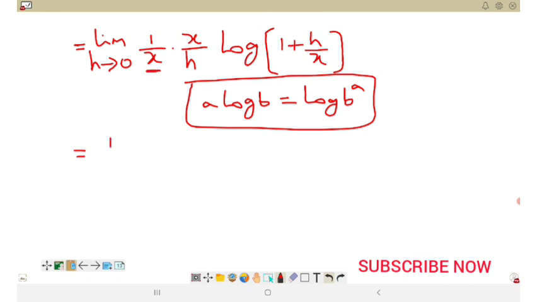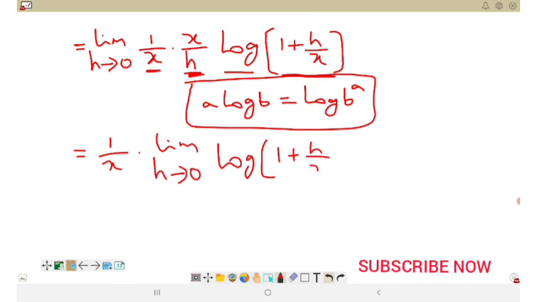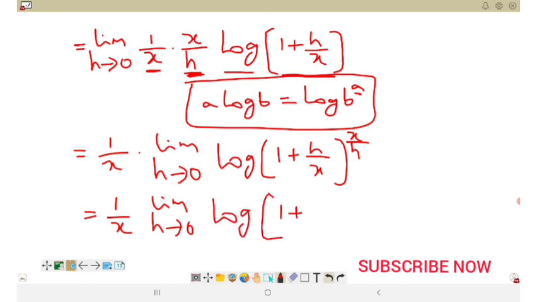So 1 by x into limit h tends to 0, log of (1 plus h by x) whole power x by h. Here a is equal to x by h, and x by h equals 1 by (h by x).